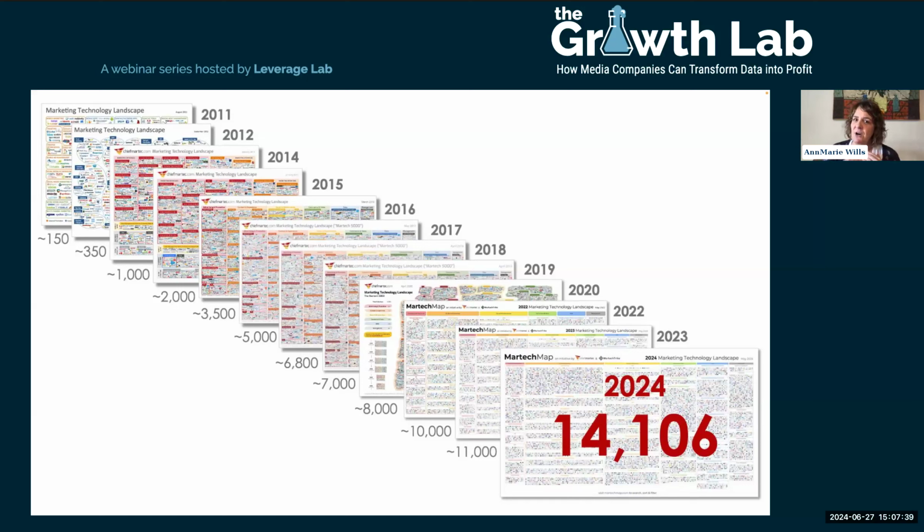So when it first started in 2011, this Lumascape, this marketing technology landscape, was tracking about 150 technologies. Let's fast forward to this year. There's 14,106 different branded technologies across a wide variety of technology categories.